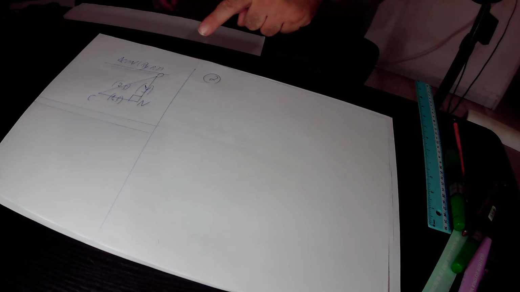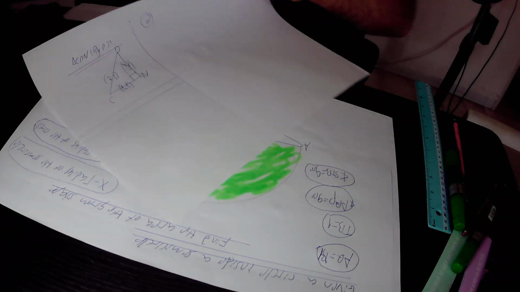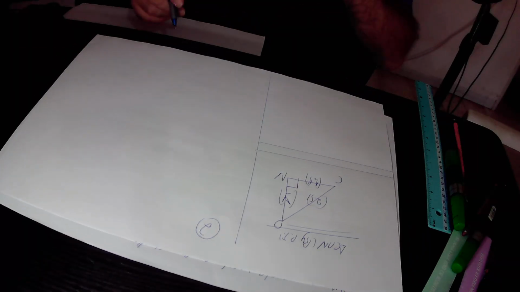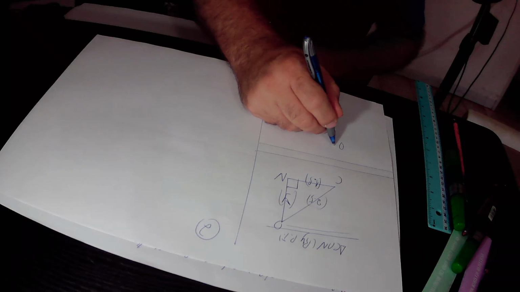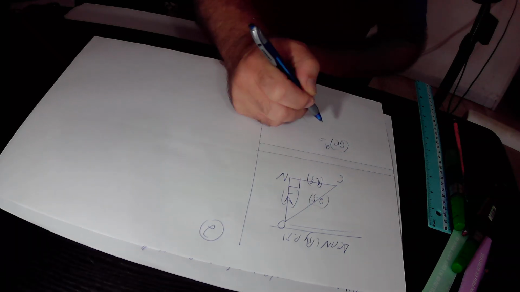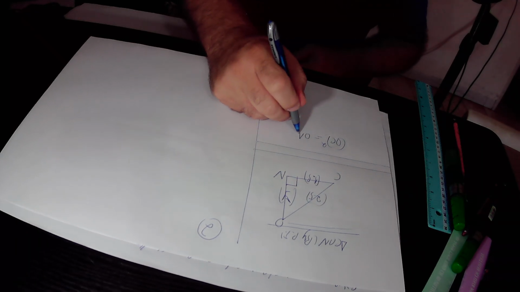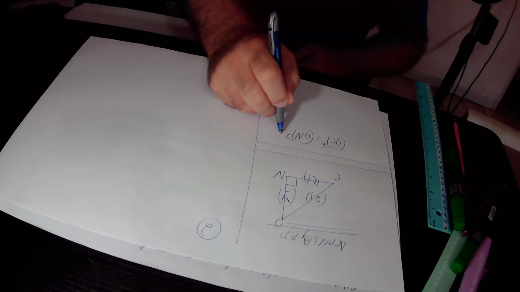OC squared, that is the square of the hypotenuse, must be equal to ON squared plus NC squared. So I write it down: OC squared, the square of the hypotenuse, equals ON squared plus CN squared.